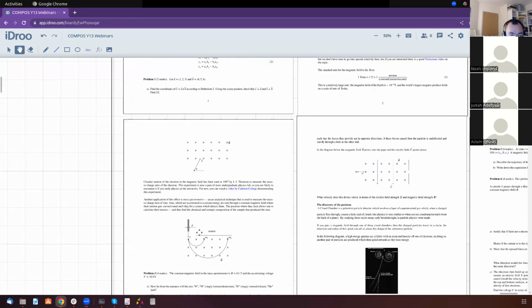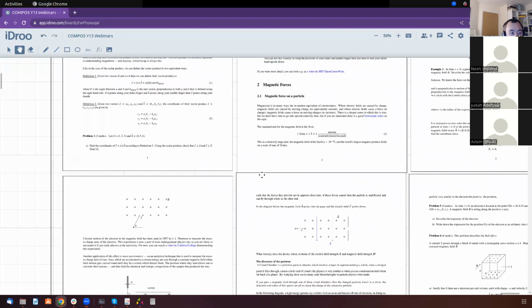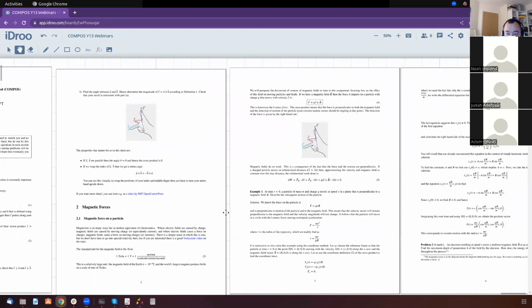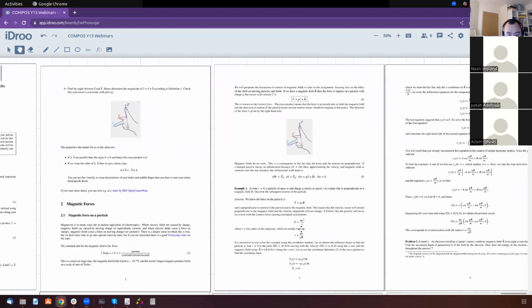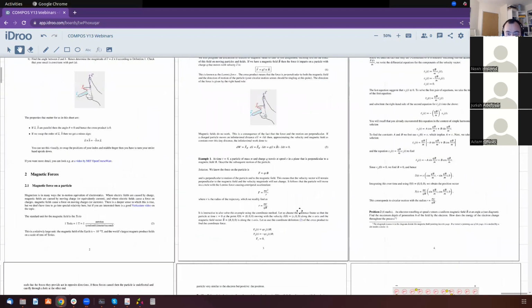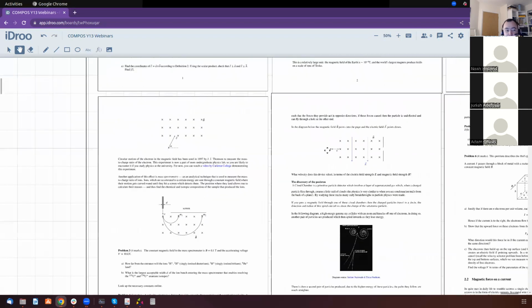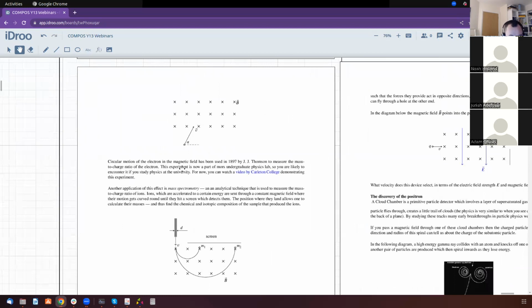Of course you would also know the formula F equals BIL, from GCSEs. Then we have movement of particles in a magnetic field.